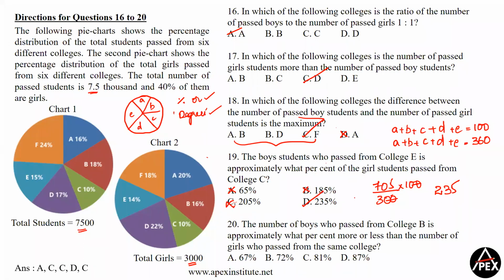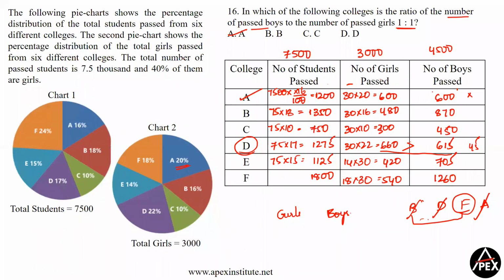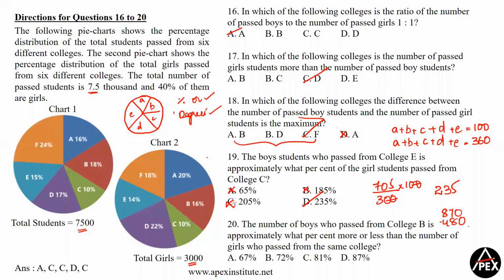Now the number of boys who pass from college B is approximately what percent more or less than the number of girls who pass from the same college. So in college B we have 870 and 480, minus 480. So this is 390, isn't it? So 390 by 480 into 100.